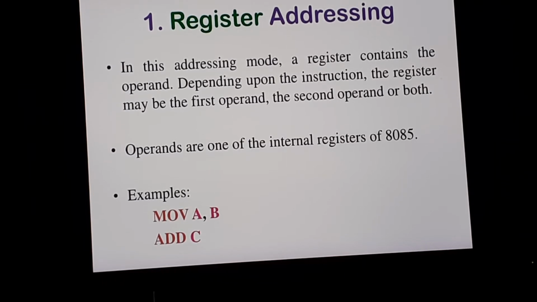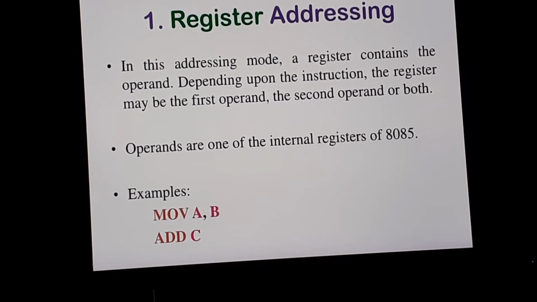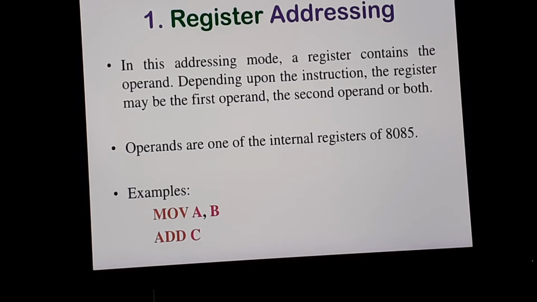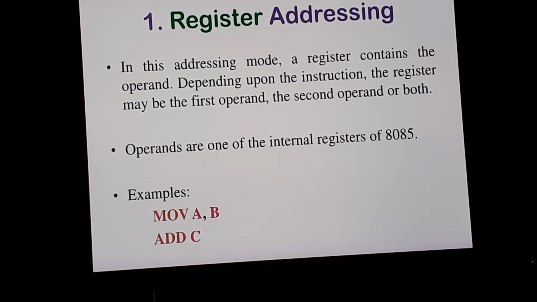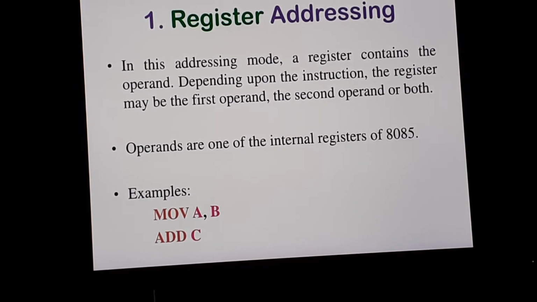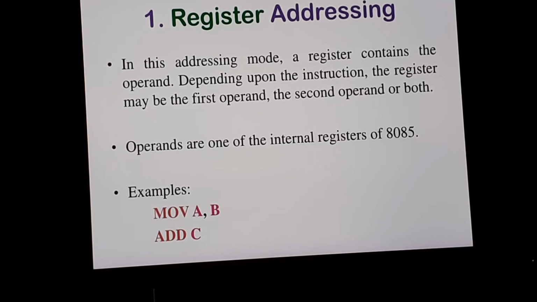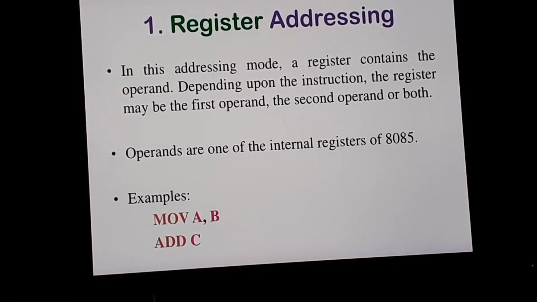MOV A,B is an instruction, ADD C is an instruction name. We'll study these when we start with the instructions. I have told you that we have 120 instructions, and these 2 are the examples that I have written. When we study the instructions in more depth, you will understand the examples. For now, just see the example, that's it.